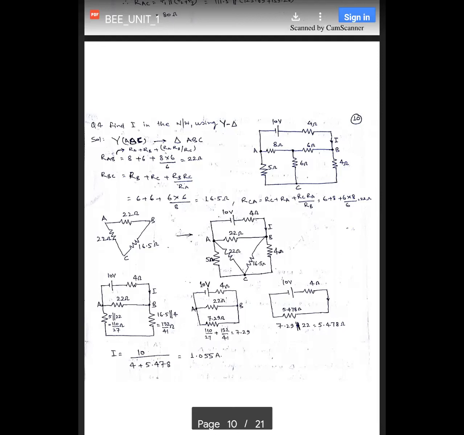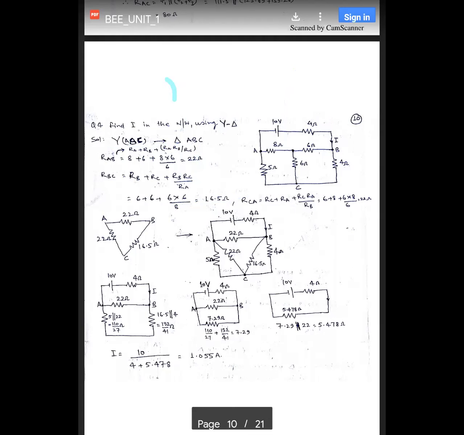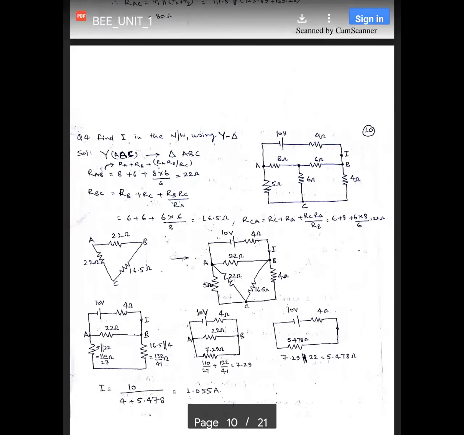So now our circuit is ready so that Ohm's law can be applied. Now the current is equal to the voltage upon the equivalent resistance which we have calculated. So we can apply this. Is this clear to everyone? Yes, sir.